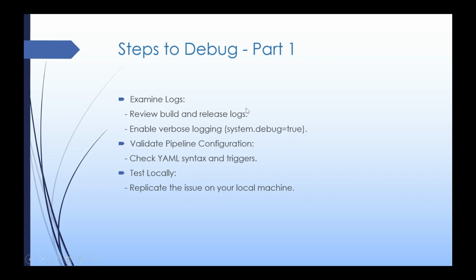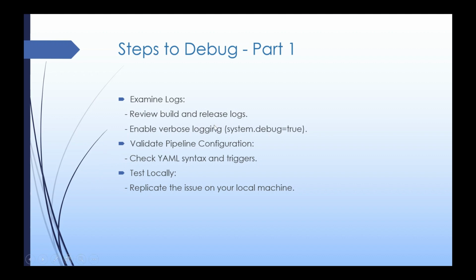If you have added this variable inside your pipeline, it will log everything inside your pipeline logs. Okay, so this will help you debug any issues while running the pipeline and working with Azure DevOps pipeline.